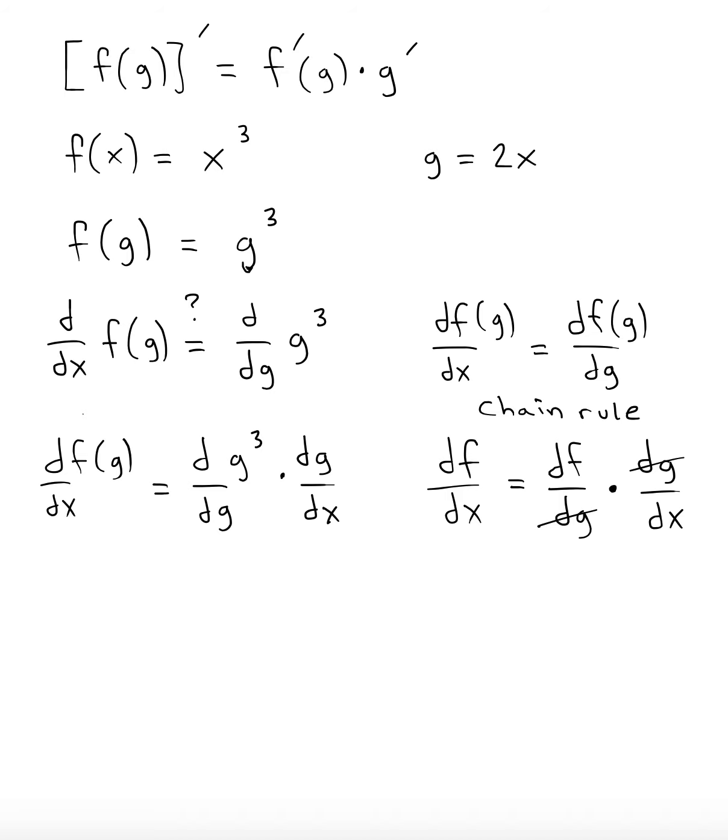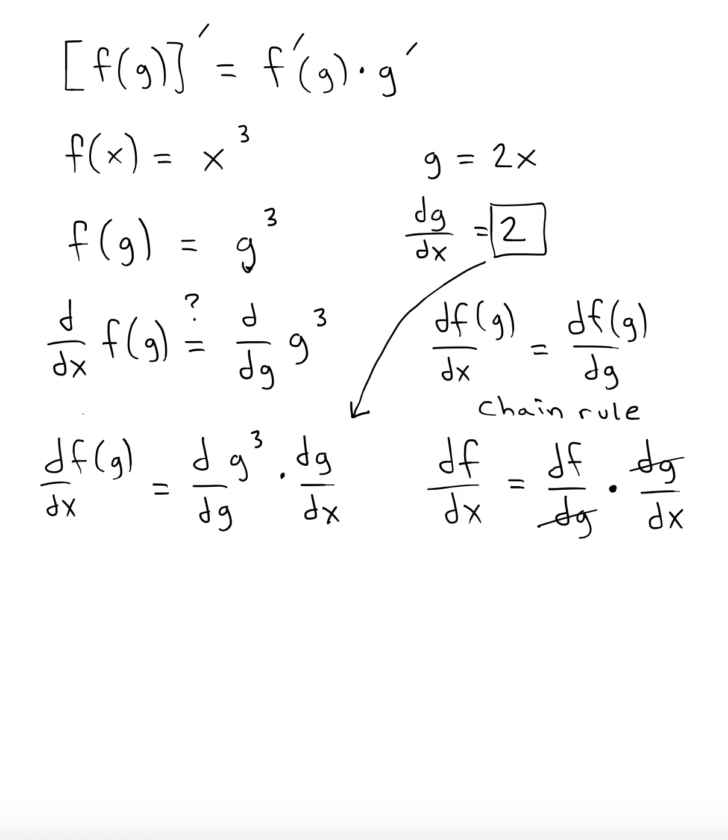So I'm going to need to know what dg over dx is to complete this. So I'll go back to my original assignment of g, and let's just go ahead and find dg over dx. It will actually be 2. And we're just going to want to take that and plug it in here.